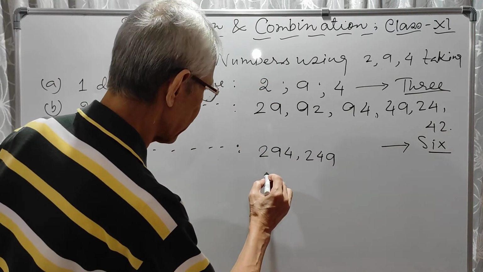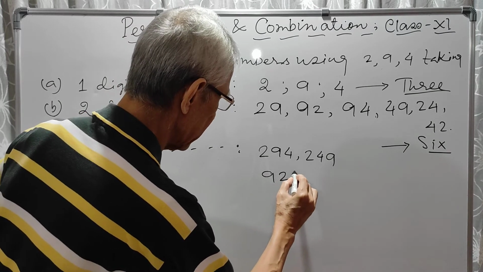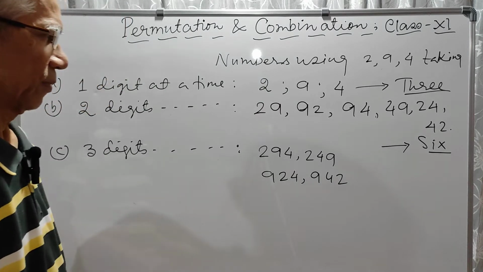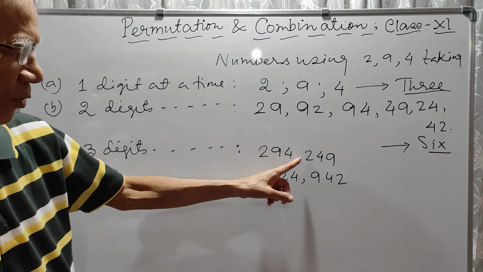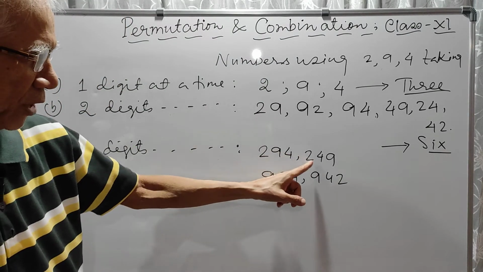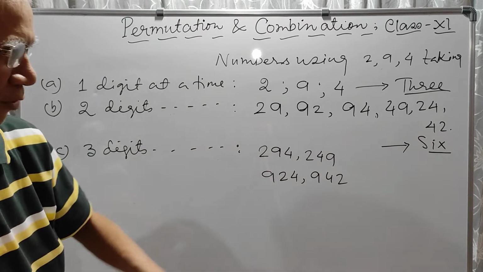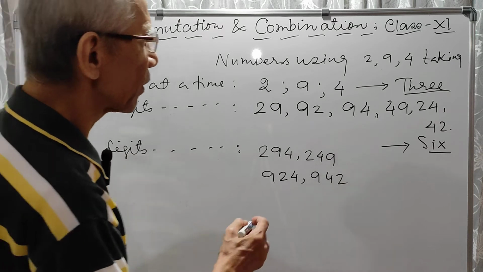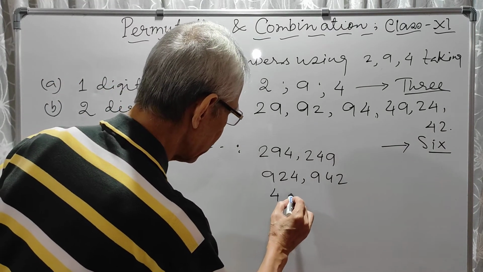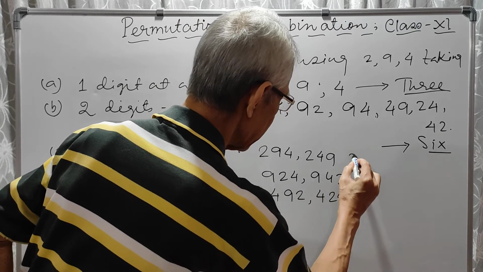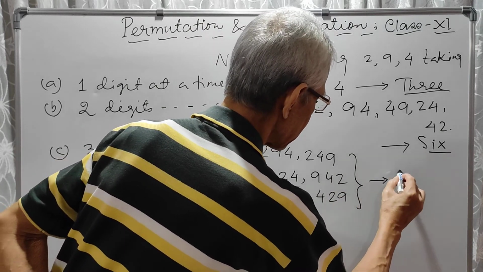Then 924 and 942. So if you start with 2 in the beginning, then 294 and 249. Then 9 in the beginning, 924 and 942. Then 4 in the beginning, so 492 and 429. So again, we got 6.